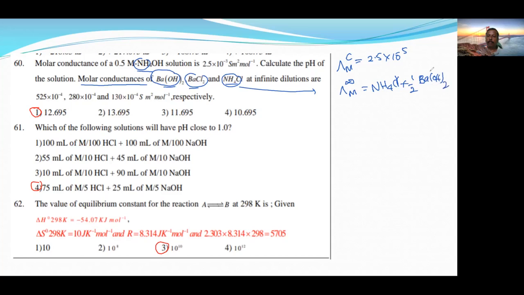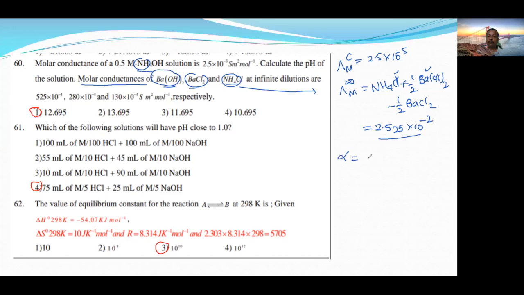But we don't want barium here, we don't want chlorine here. So therefore, minus half of BaCl2. If you calculate by substituting these values, the molar conductivity at infinite dilution will be 2.525 into 10 to the power of minus 2.